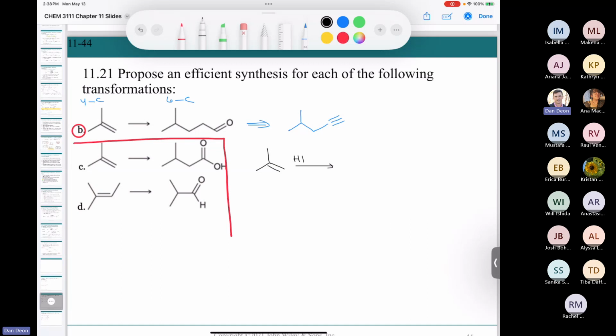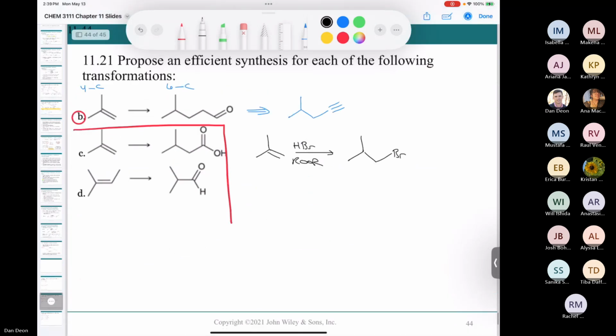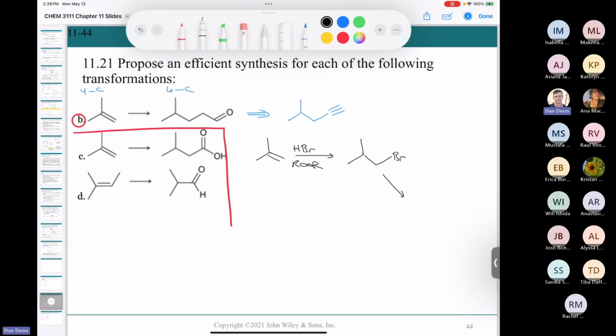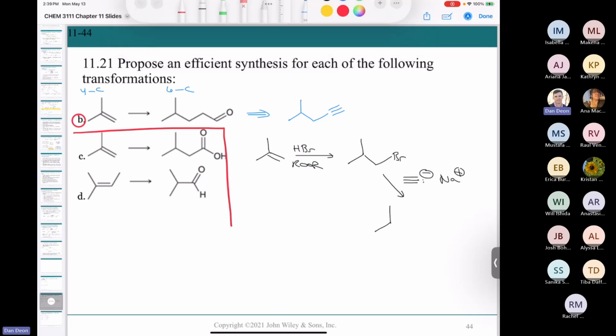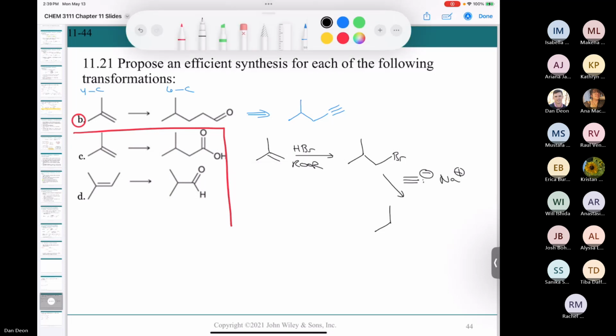Right, if I do HBr and peroxides, it's going to give me the primary alkyl halide. And then I can treat that with sodium acetylide, right? And that's going to do my SN2 reaction to give me the terminal alkyne.